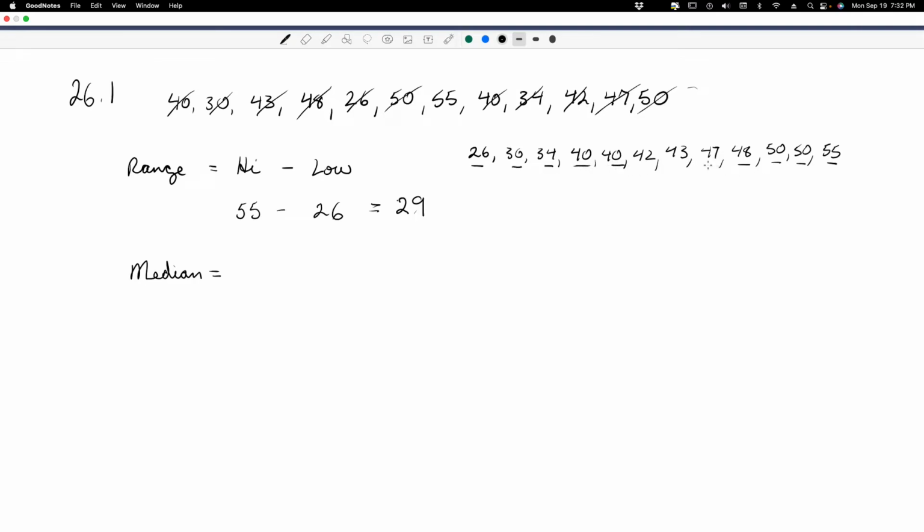Here's the thing though, when they're right next to each other, you know the middle number that comes right in between them is just going to be 0.5. So my median is 42.5. Now, if you wanted to make sure, you could say 42 plus 43 divided by 2, and that's going to be 85 divided by 2, and that equals 42.5 when you do the calculator.